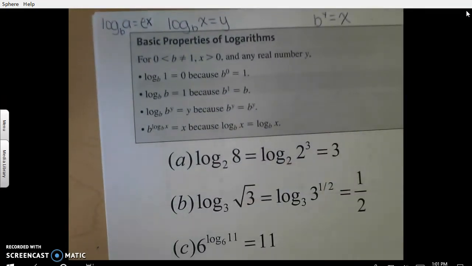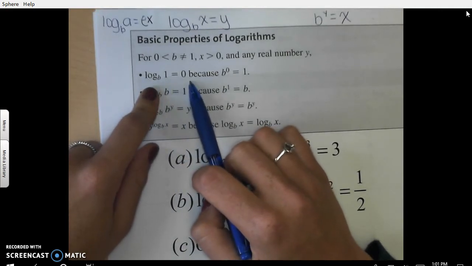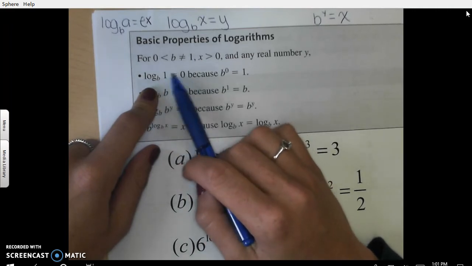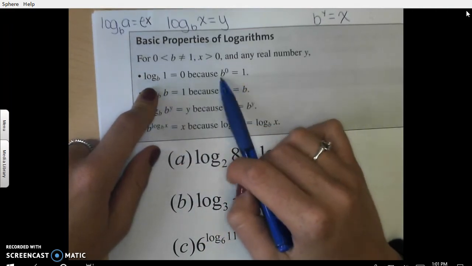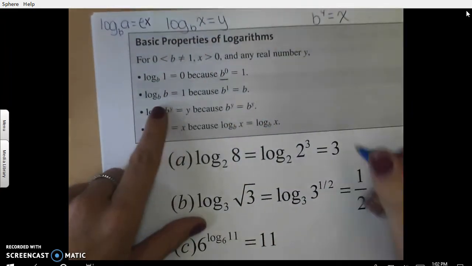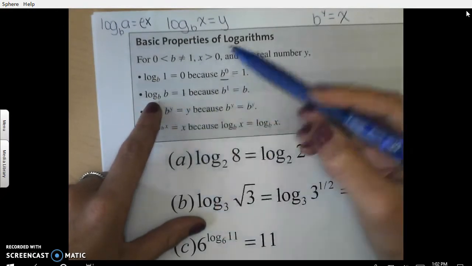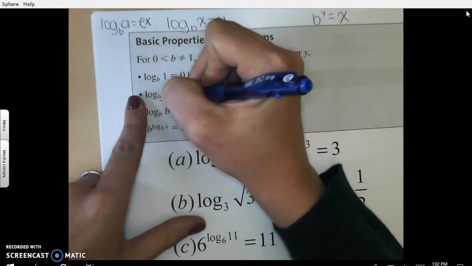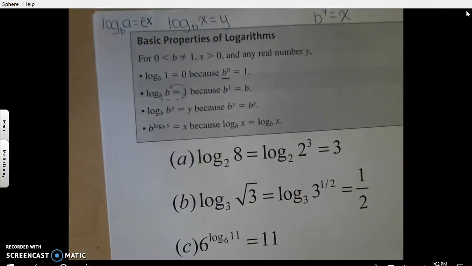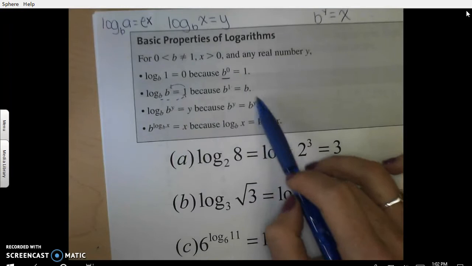Our properties: log base b of 1 is equal to 0, because b to the 0 power is 1, since anything to the 0 power is 1. Then log base b of b equals 1, because b to the first power is itself.